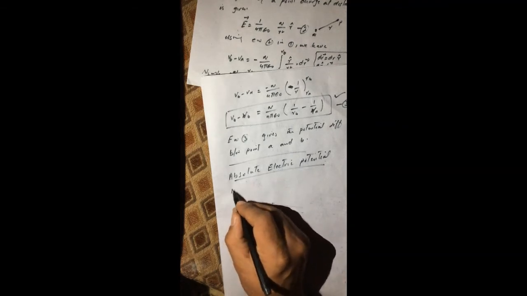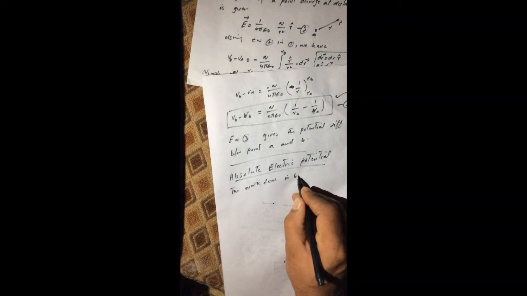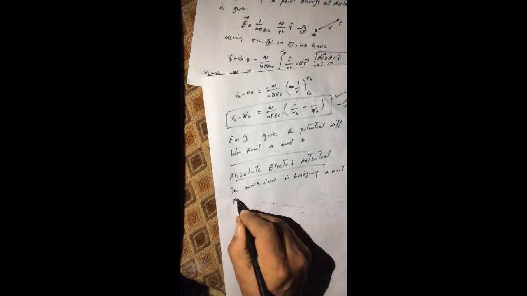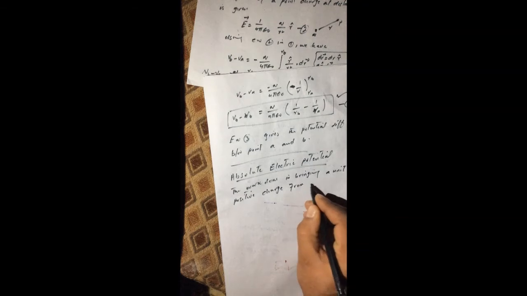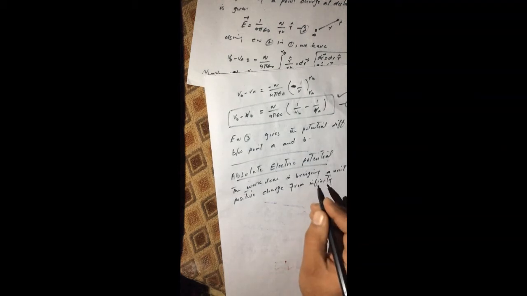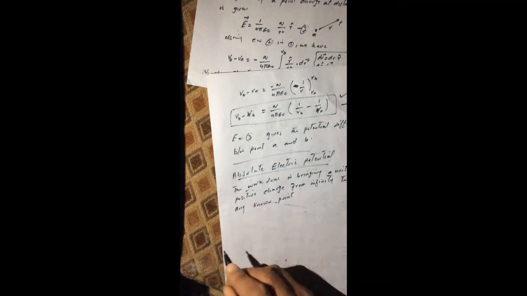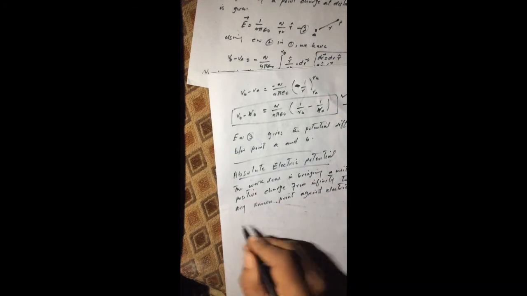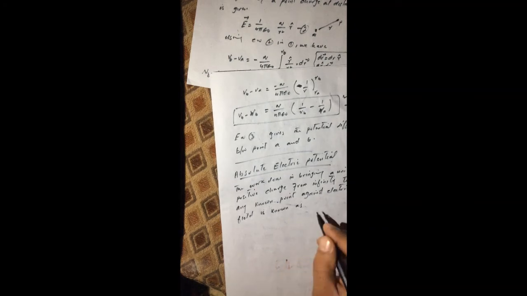Now the work done in bringing a unit positive charge from infinity to any known point against the electric field is known as absolute potential.